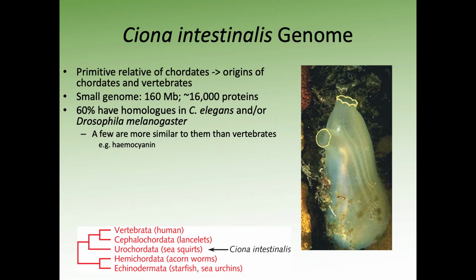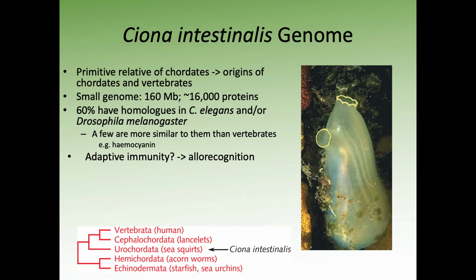So they've got a lot of genes in common that are very similar to invertebrate genes, including a suite of them that might actually be more similar to invertebrates than to vertebrates, even though they're more closely allied with us. Things like hemocyanin, which is similar to what hemoglobin is for us.